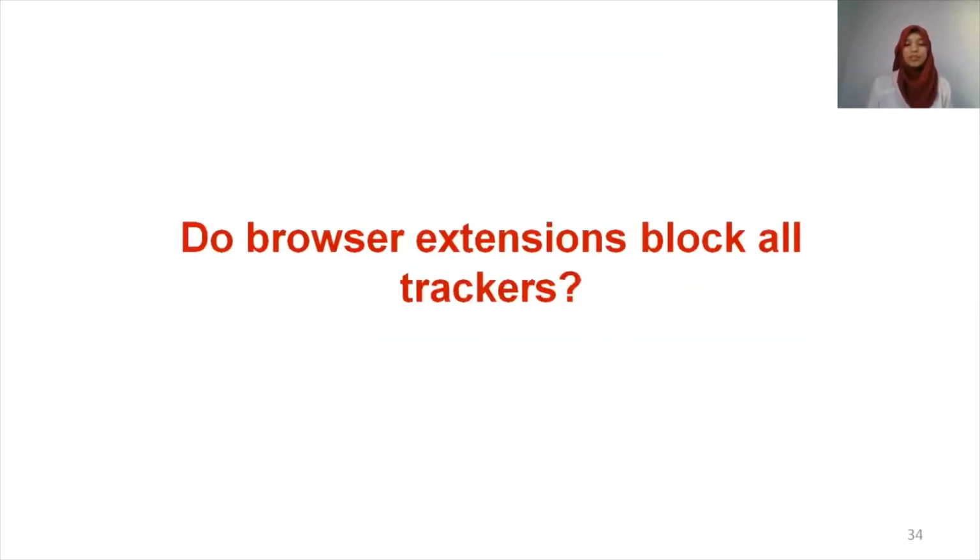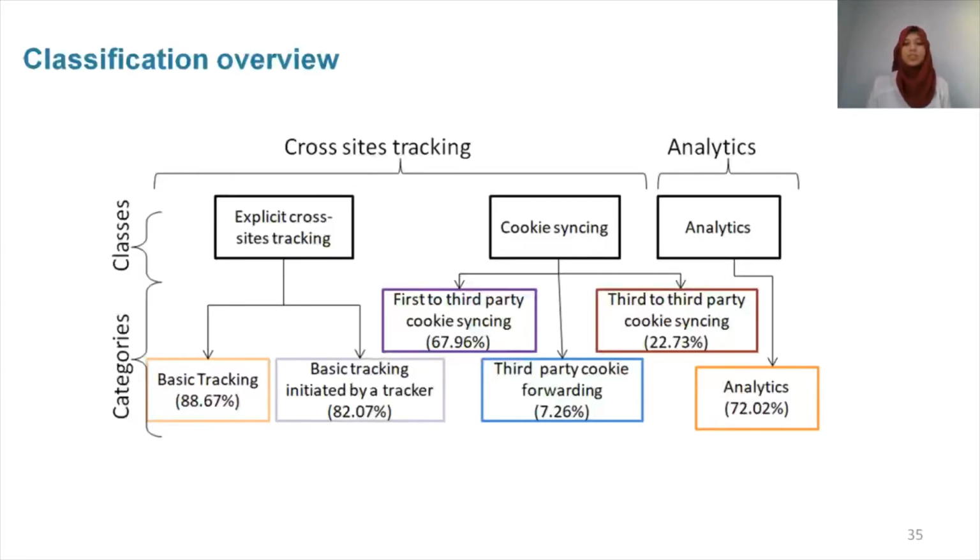The last question that we want to answer is how efficient browser extensions are at blocking all these trackers. We compared the efficiency of browser extensions on our three classes: explicit cross-site tracking, which we mark in red, cookie syncing, which we mark in blue, and finally analytics, which we mark in yellow.